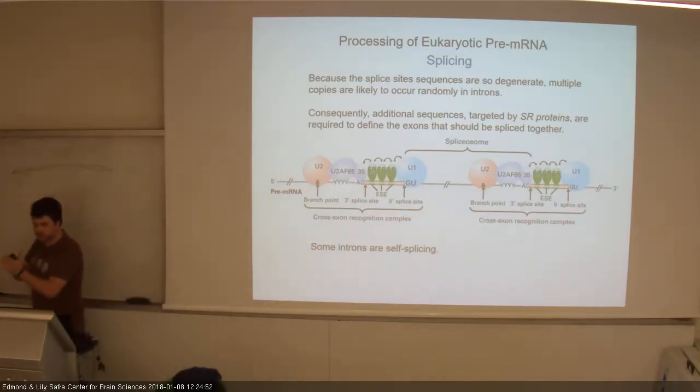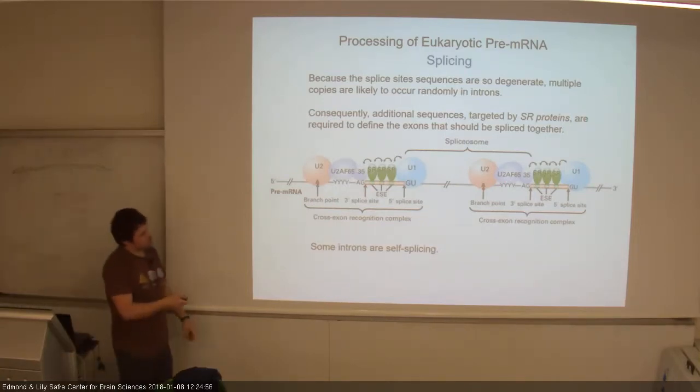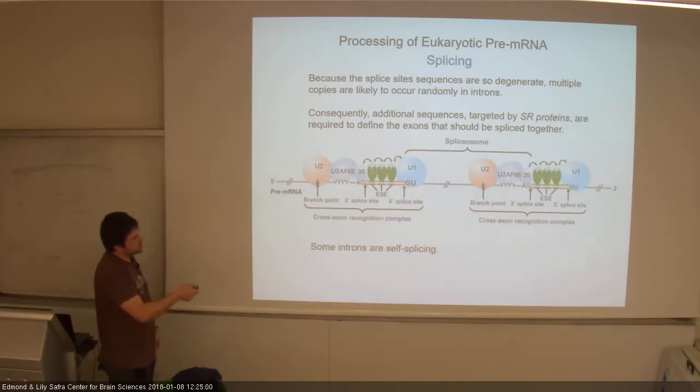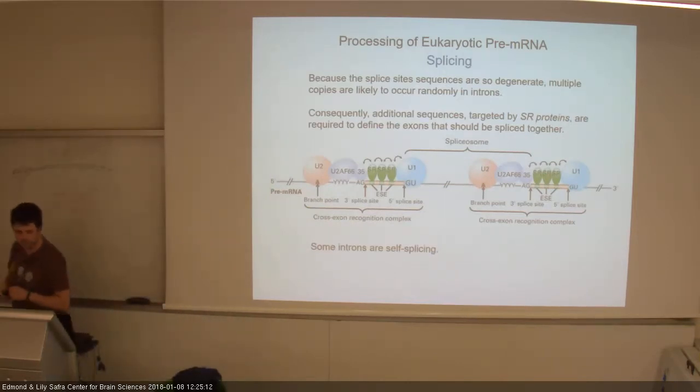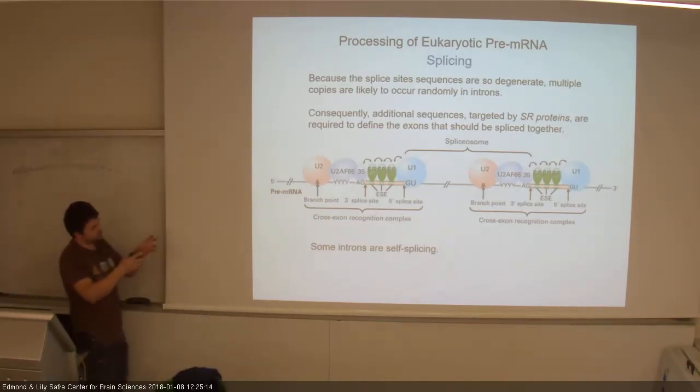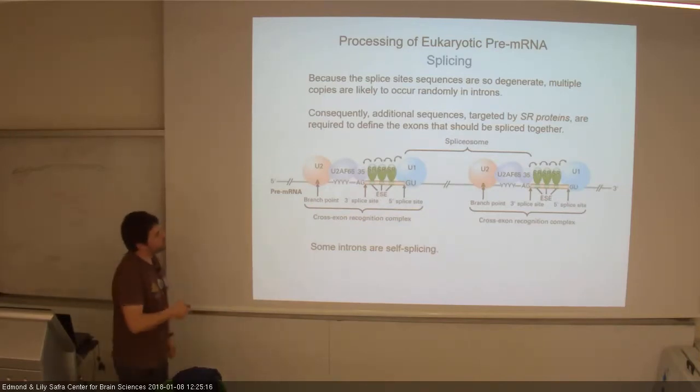So instead of scanning along the intron for these splice sites or junctions that need to be spliced, the cell probably tags the exons, which are normally much shorter than the introns, with a special type of proteins that protect them from being identified as an intron.